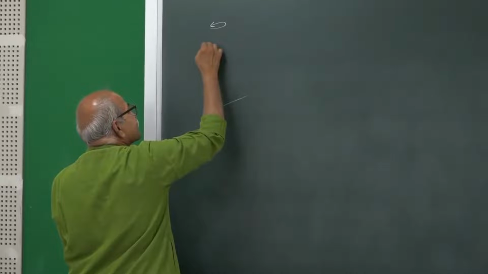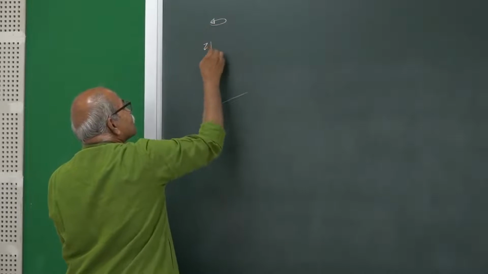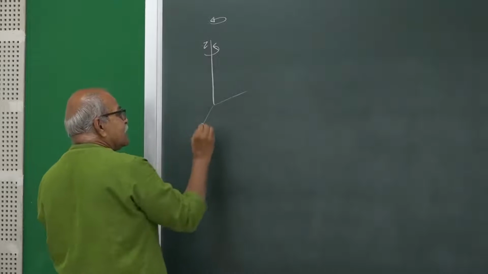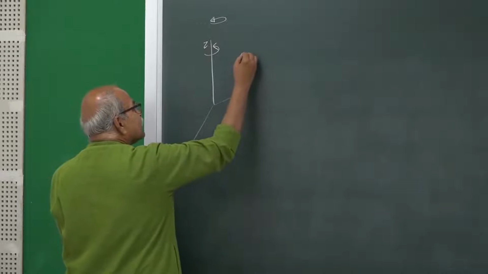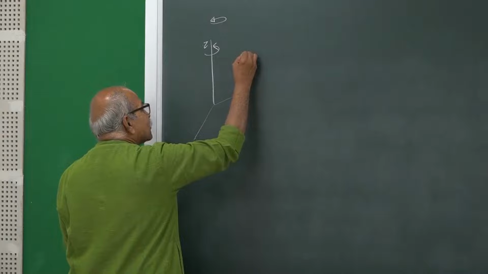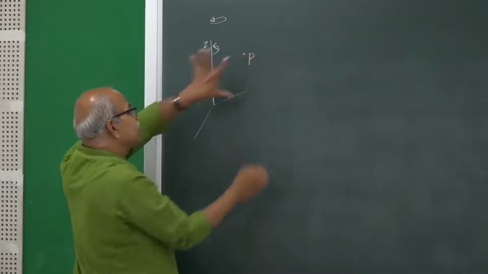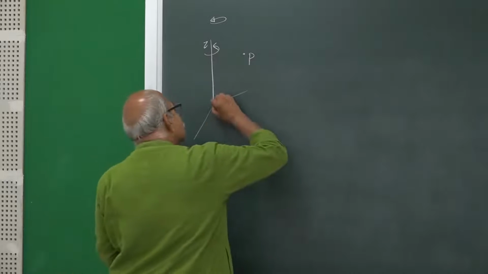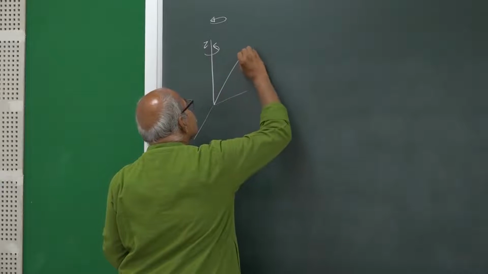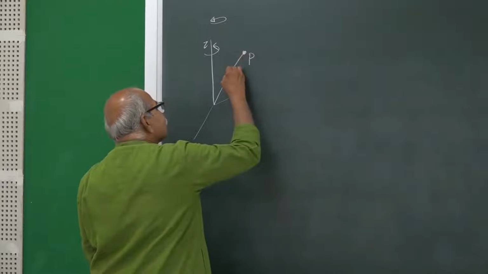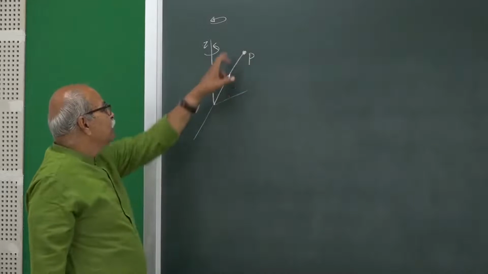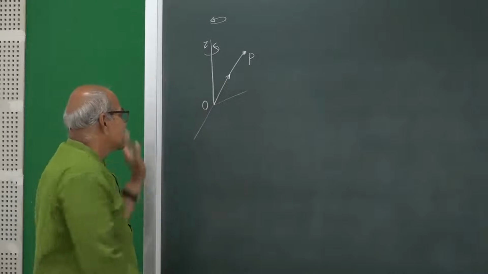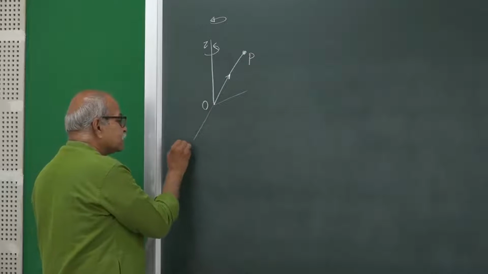Let us take this z axis as the axis of rotation, and then x axis and y axis are rotating, and in this rotating frame, there is a point P which is fixed in this frame. I am looking at this vector OP. It can be a particle, and this OP can be the position vector of the particle or any vector.